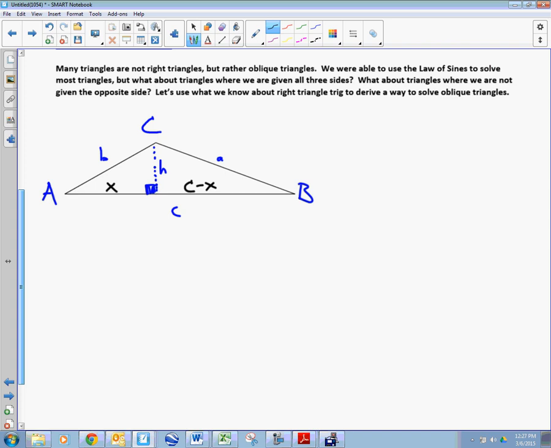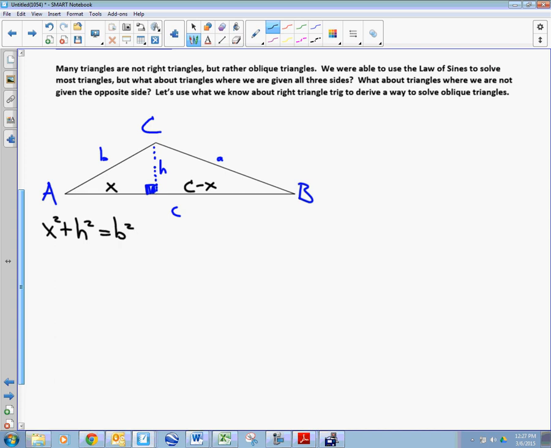Now I'm going to use our Pythagorean theorem in order to write an expression that involves all the lengths but none of the angles. Okay? Pythagorean theorem would say that x squared plus h squared is equal to b squared.